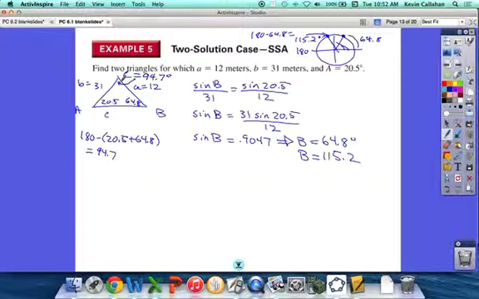And then we have to find the side C, right? And the side C will be C over the sine of 94.7 equals, and now we could pick either one we want. I'm going to pick this one here, 12 over the sine of 20.5.